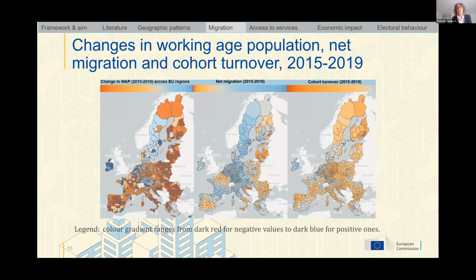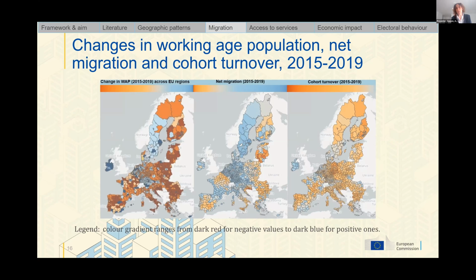What we see is that more than 60% of territories are experiencing negative cohort effects, coupled with, as you see in the middle graph, a positive net migration effect. In most cases, as you see on the left-hand side map, this net migration is not enough to compensate for the decline in working age population. Actually, it's only in 27% of territories that migration was able to compensate for the loss in cohort.